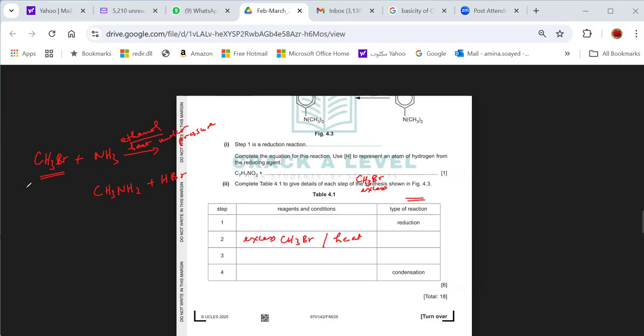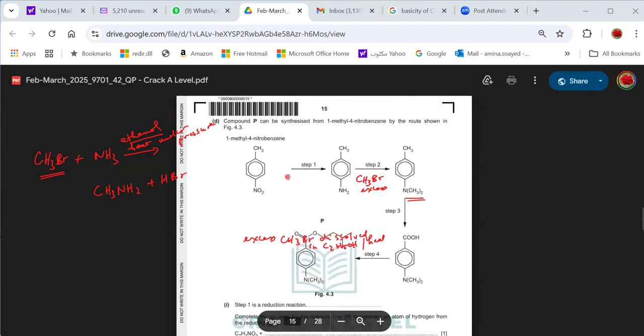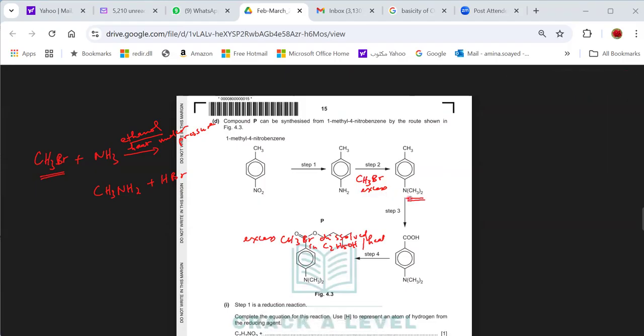So here first dissolved in ethanol, and heat. Now, what is the type of this reaction? So here it will be a nucleophilic substitution.